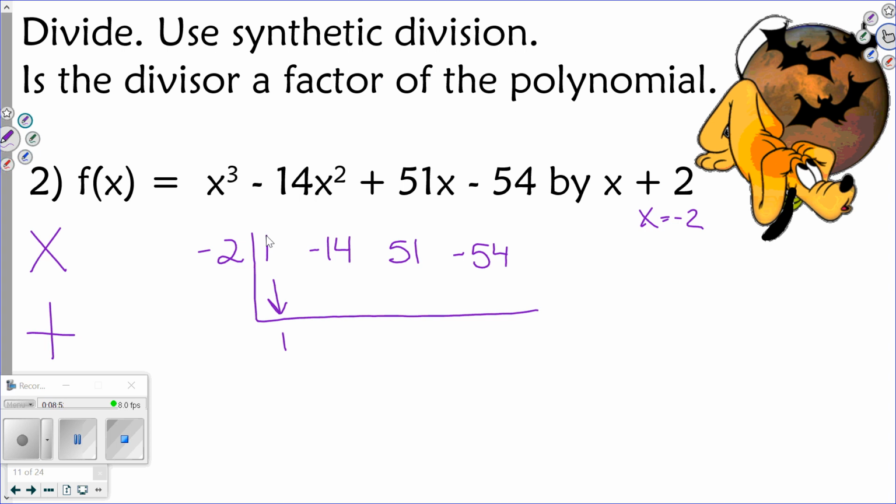Okay? So let's go ahead and start. Multiply negative 2 times 1. And then we add negative 14 and negative 2, negative 16. And then you multiply negative 2 times negative 16, positive 32. This is where people start to panic because their numbers get crazy. 51 and 32 is 83.